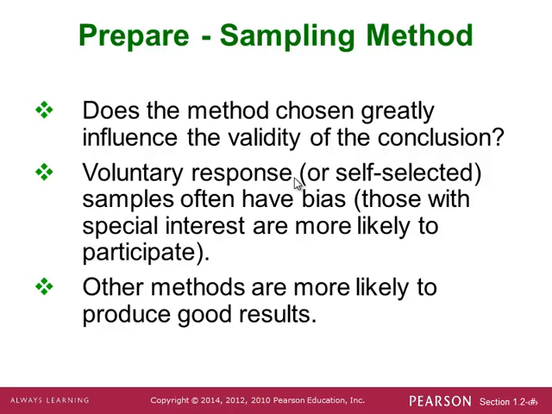So think about, for example, the link between smoking and lung cancer. You could do an observational study, or you could do an experimental sort of study, and we'll talk about what exactly those are.